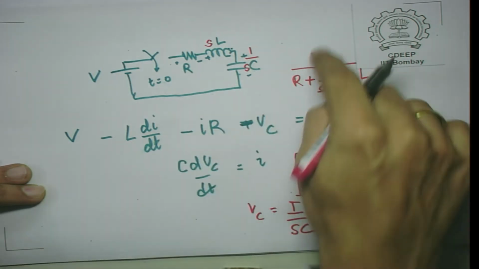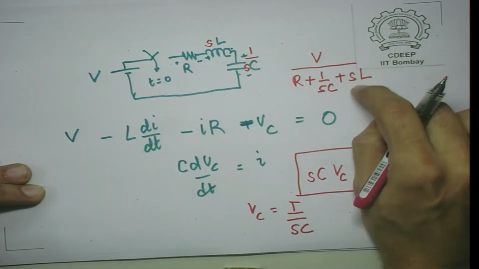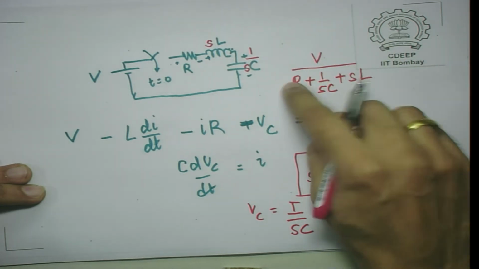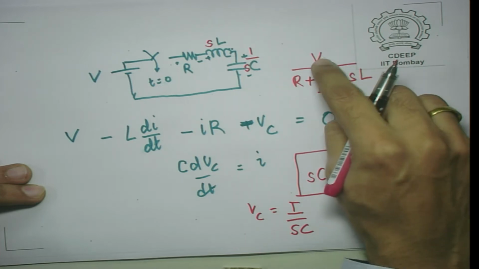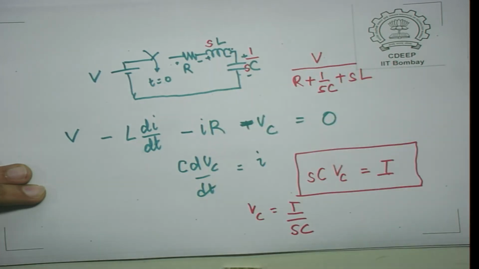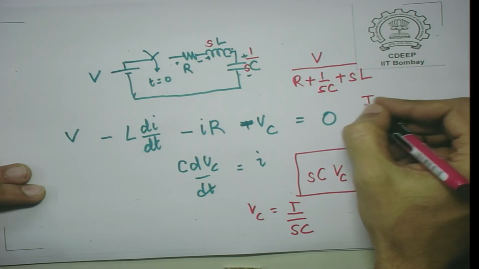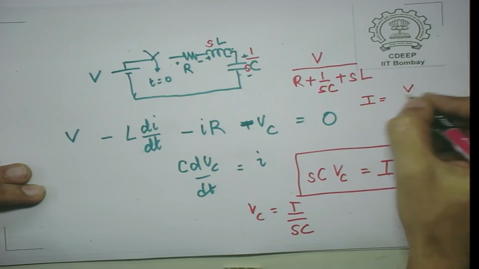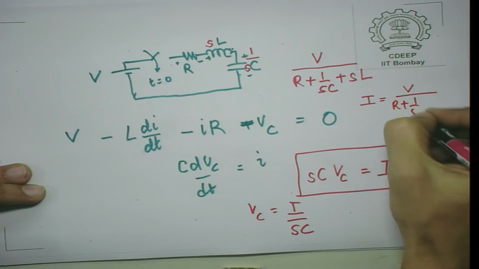So, it becomes almost like an algebraic equation, but the understanding here of course is this is the sinusoidal steady state response, where V is equal to e raised to st plus alpha, or k into e raised to st plus alpha. Now, in case it is a DC source, S is equal to 0. So, what you will find is that the current in steady state will simply be equal to V upon R plus 1 upon Sc plus SL.